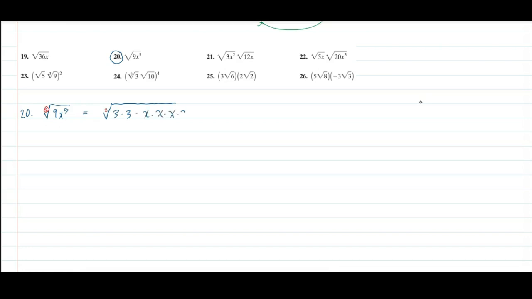This is the last time I do it this way, but you've got 5 x's, and you're making sets of 2. Here's a 3 that leaves, here's an x that leaves, here's another x that leaves, and notice how there's still an x remaining. So what really happens is the 3 multiplies with the x, so that's really 3x squared that all comes outside, and you're left over with the second root of x still on the inside.